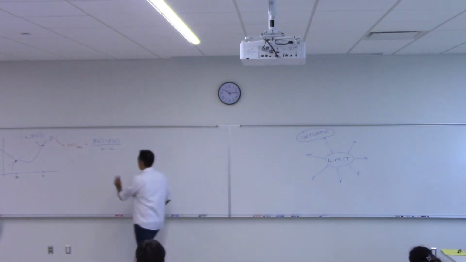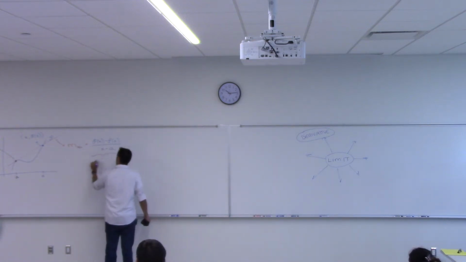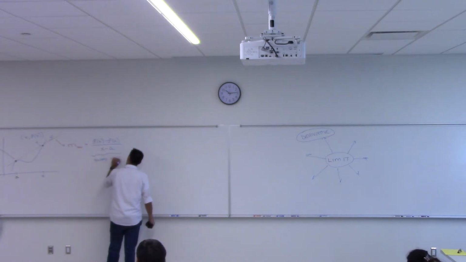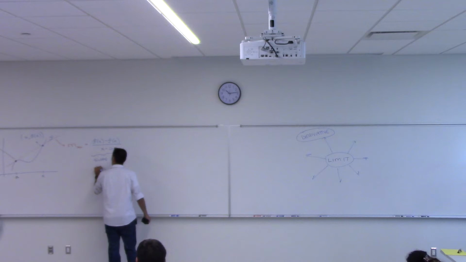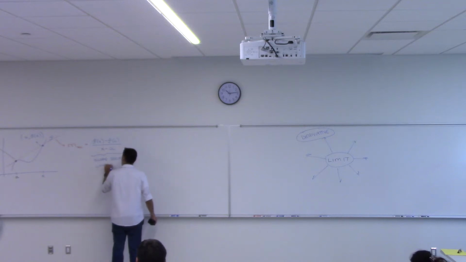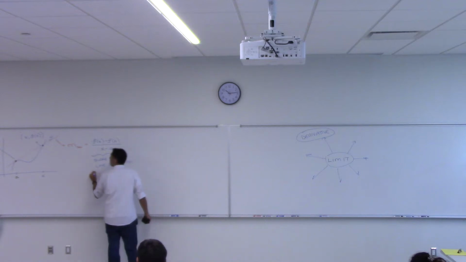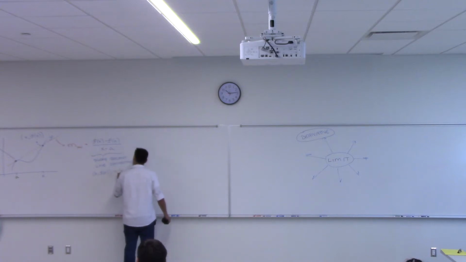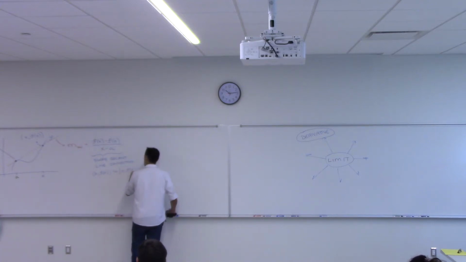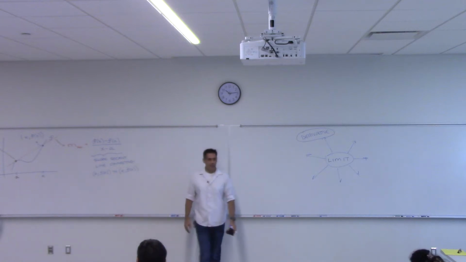So this right here is the slope of the secant line connecting a, f of a to x, f of x.